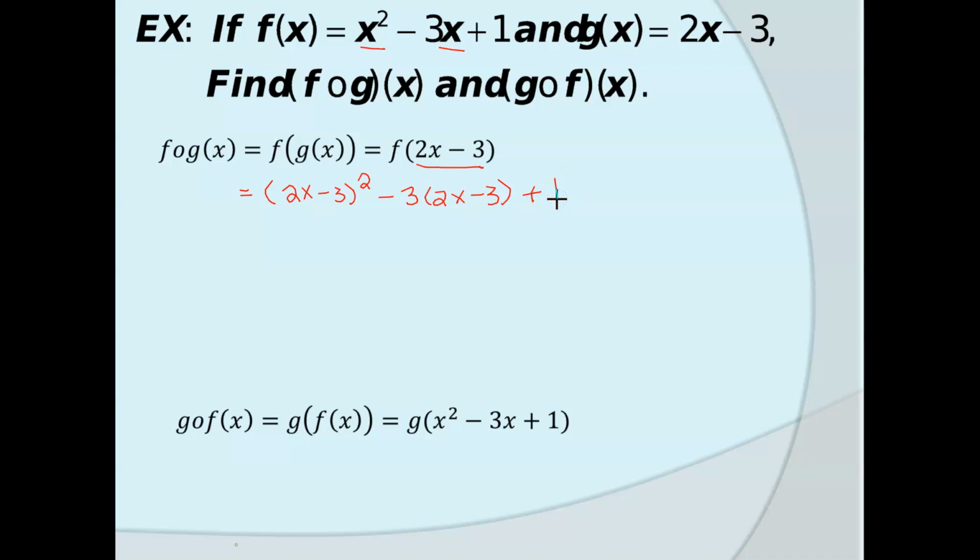And then we're just going to use algebra to clean this up. So if you have a binomial squared, you have to use FOIL. So that's like 2x minus 3 times 2x minus 3. So you get first, outer, inner, and last.